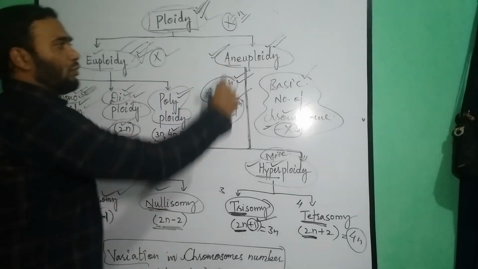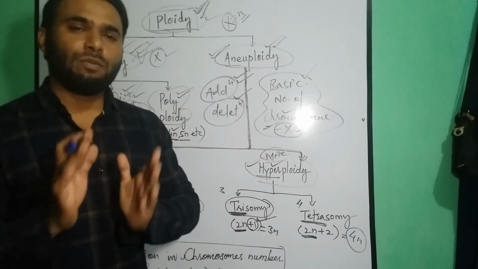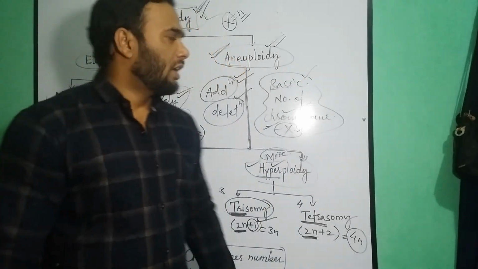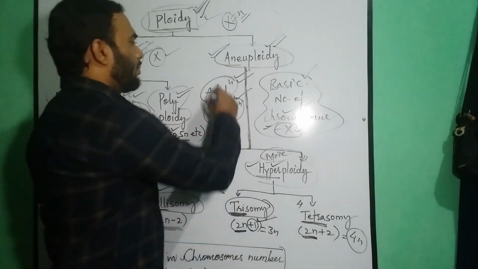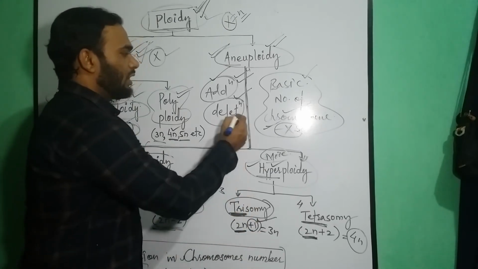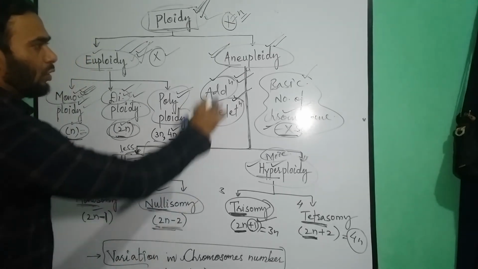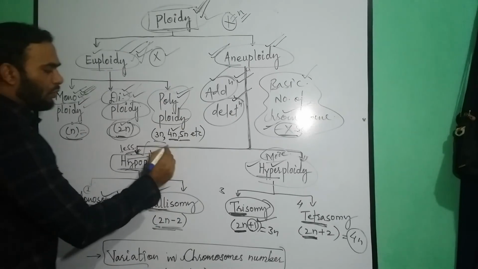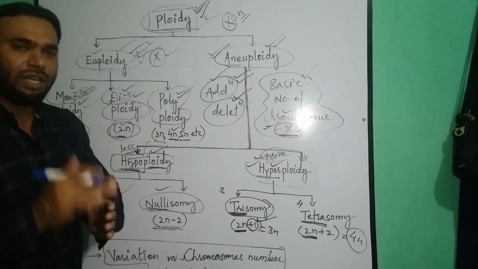And dear students, aneuploidy, as you know, is when the number of chromosomes in the cell is not an exact multiple of the basic number x. It may have one or two extra chromosomes in the total number, or one or two less. On the basis of that addition and deletion, aneuploidy is divided into hypoploidy and hyperploidy. In hypoploidy, the chromosome number will be less than the normal number.